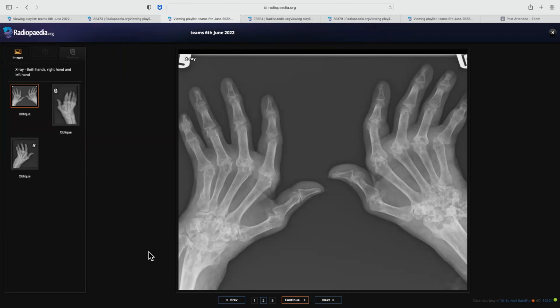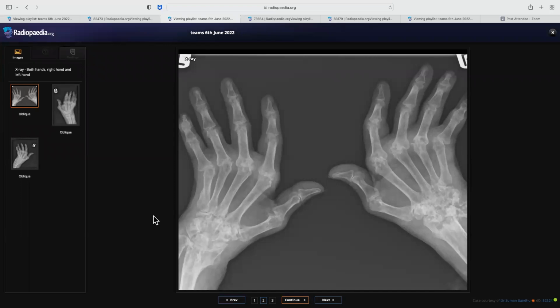Okay. Maybe you have to click on that. Can you see now? This one is the index finger, between the interphalangeal joint. Okay.